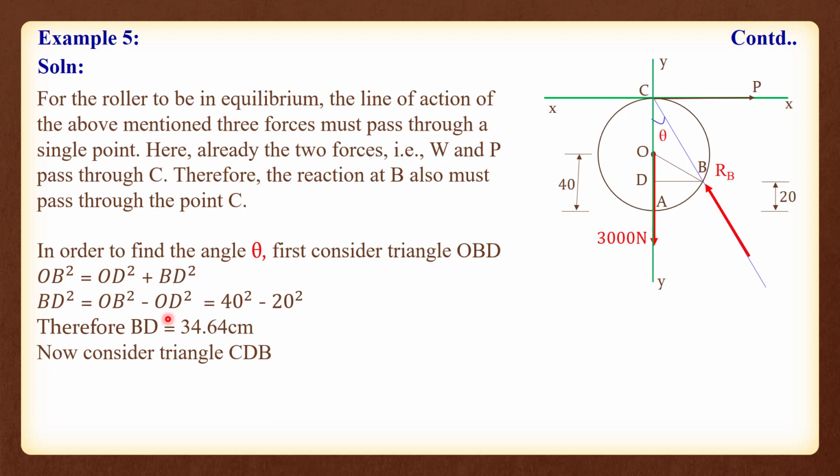Now, in order to find out the angle theta, we will consider the triangle CDB. So from that, what is tan theta? Tan theta will be BD by CD, which is equal to BD we have already calculated, that is 34.64, divided by CD. What is CD? CD can be written as OC plus OD. What is OC? Radius 40, plus OD is 20. So from this equation, we can find out the value of theta as 30 degree.